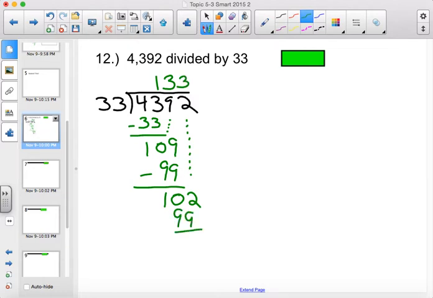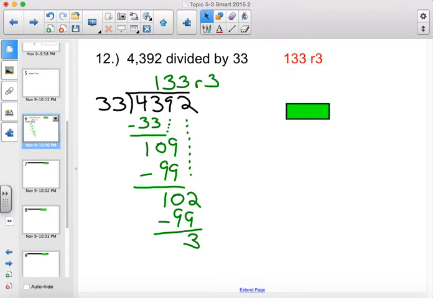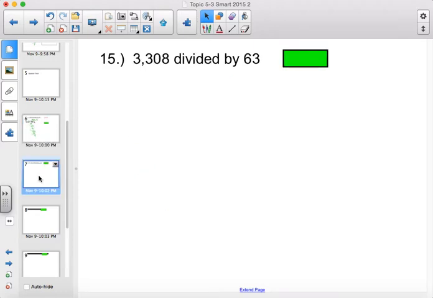And we have 99 subtracted from 102, which leaves you with a remainder of 3. Okay, erase your board. Let's try another one. Next problem, 3,308 divided by 63. I'll pause the video while you do the problem.